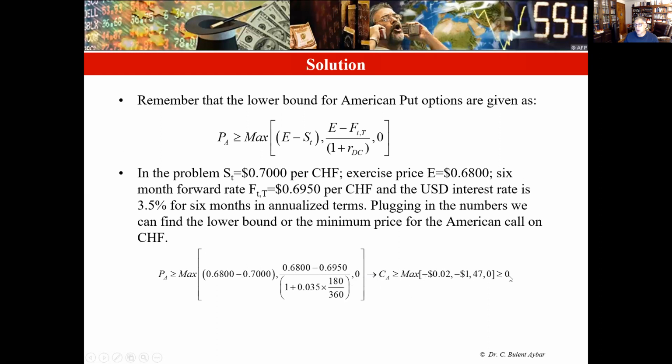So it has to trade at a price above 0, and there is no other way anyway. The option cannot trade any less than 0. So in this particular case, the lower bound turns out to be 0. Again, the upper bound for a put option is the exercise price. You would never pay more than the exercise price for a put option. But this is the lower bound that is given here.